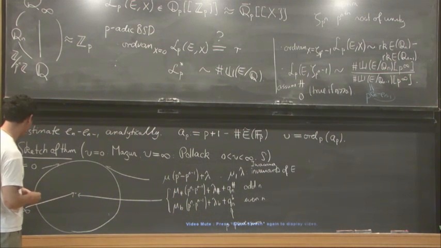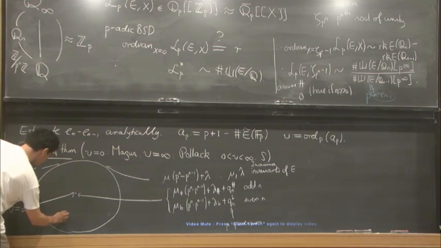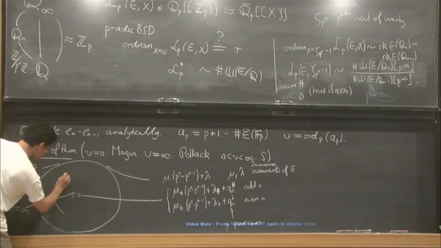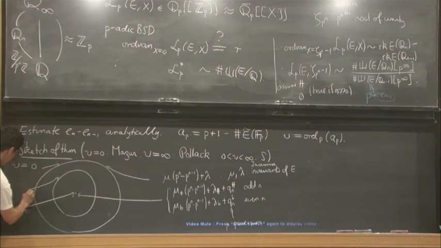Now, here's a crazy phenomenon that goes on in between. So look at the circle, the boundary of the disk where v is equal to 1 over 2p.